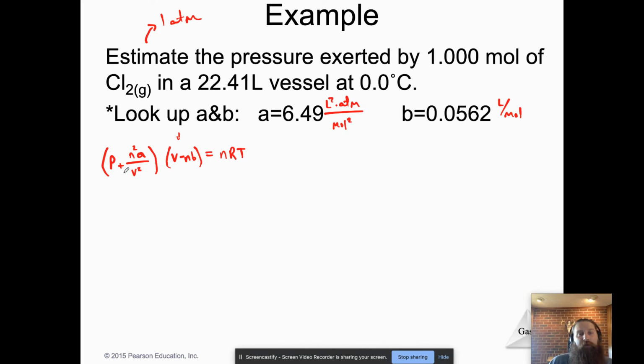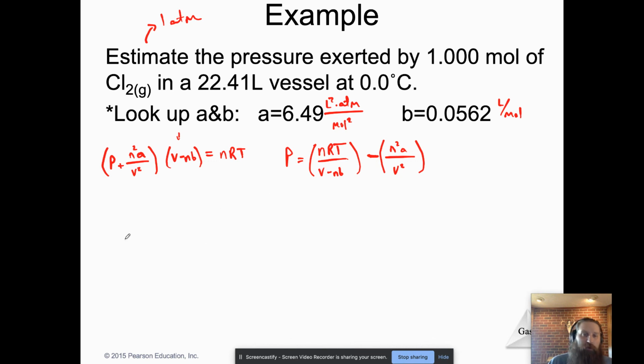Then I'll have P plus n squared A over V squared equals nRT over V minus nB, and I'll subtract the n squared A over V squared. That gives me pressure equals nRT divided by V minus nB, in parentheses, minus n squared A over V squared. Just a little algebra exercise there.